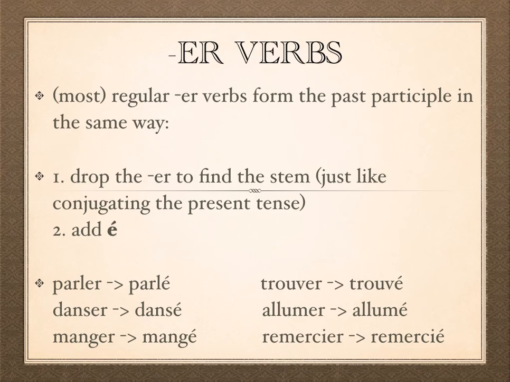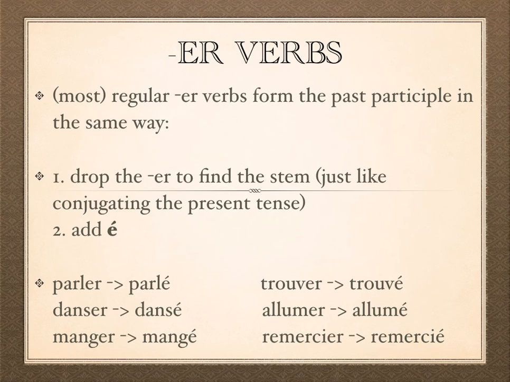So how do we find that past participle? We're going to start off looking at ER verbs. A vast majority of regular ER verbs are going to form the past participle in a pretty regular way. So we're going to drop the ER to find the stem, just like we're conjugating any other verb tense. So far we've learned the present tense.